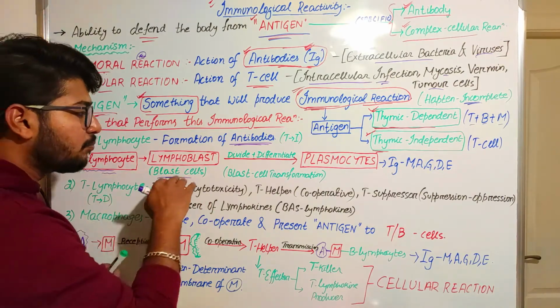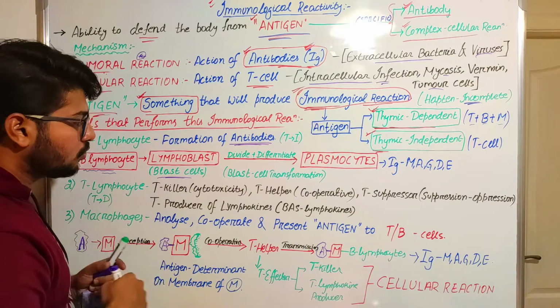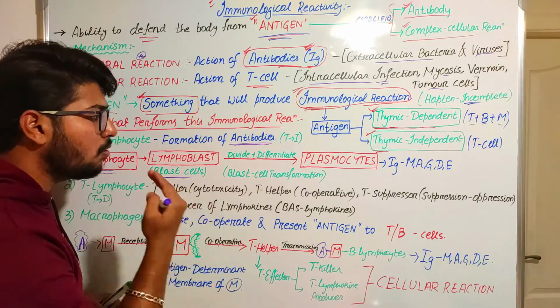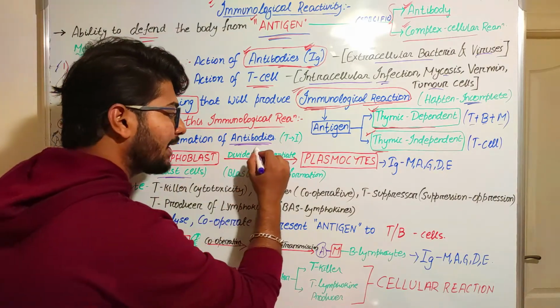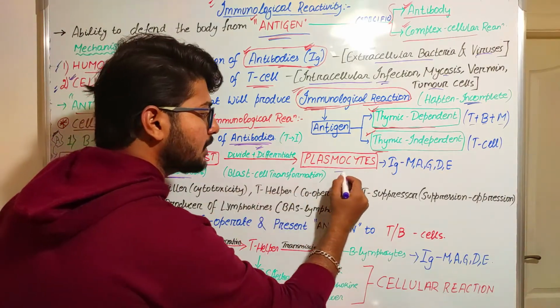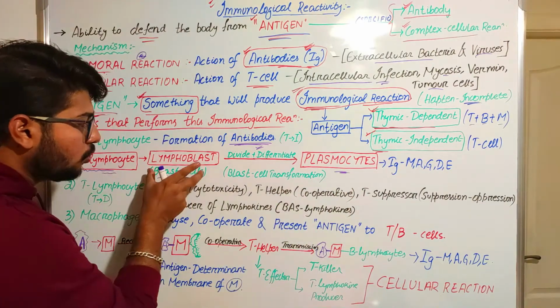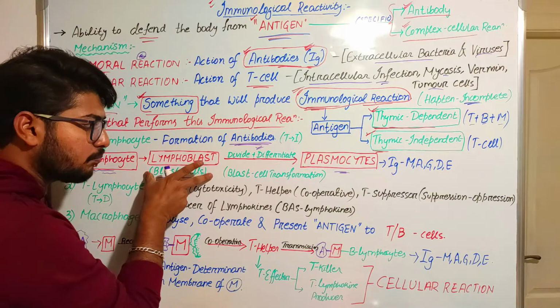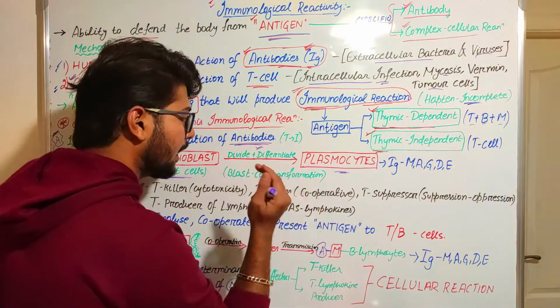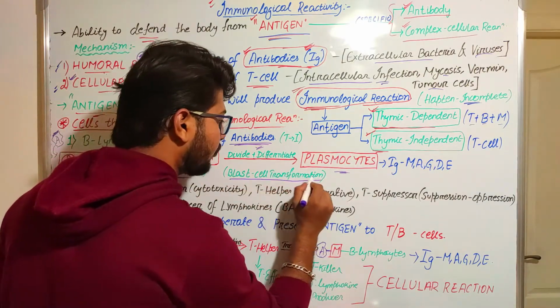As the lymphoblasts divide, they produce more lymphoblasts and B lymphocytes, and these B lymphocytes get differentiated to form plasmocytes. The process of transformation from the lymphoblast to plasmocytes is known as blast cell transformation.